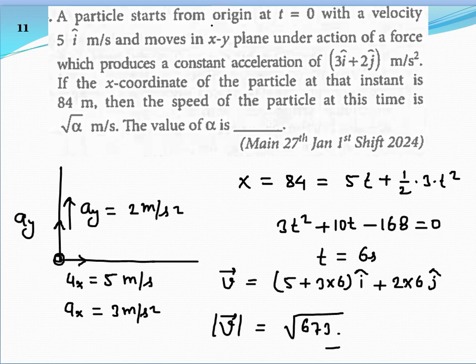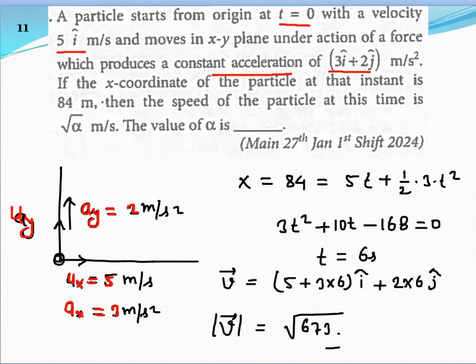Here a particle starts from origin at t equal to 0, and the particle has velocity in x direction, I have written ux equal to 5, and moves in the xy plane under action of a force which produces a constant acceleration of 3 i cap plus 2 j cap. 3 i cap means the acceleration in x direction is 3, the acceleration in y direction is 2, and no initial velocity along the y direction, so uy I am just taking 0.